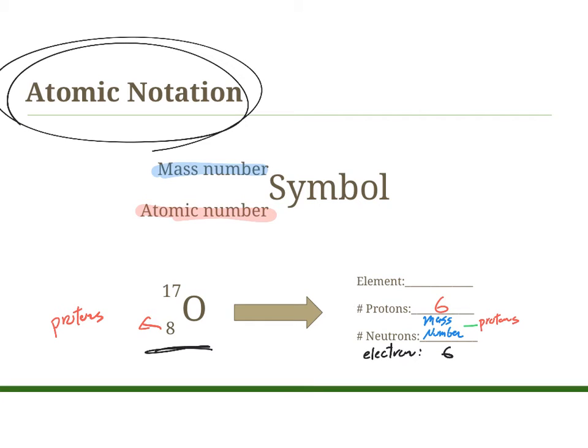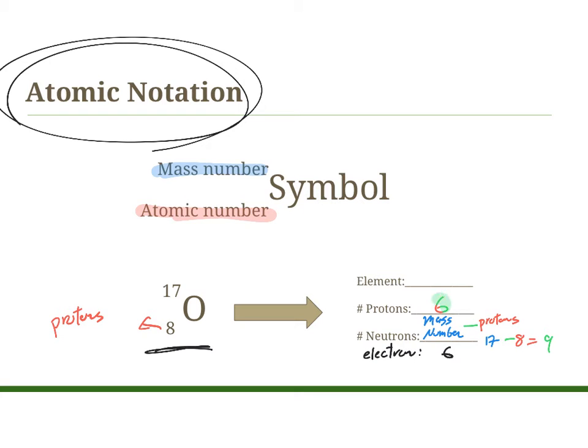So in this case, it would be 17 minus 6. Nope, I lied, not 6. I got carried away here. Minus 8, which would give me a grand total of 17 minus 8 is 9. So the number of neutrons is 9, and I need to fix this.